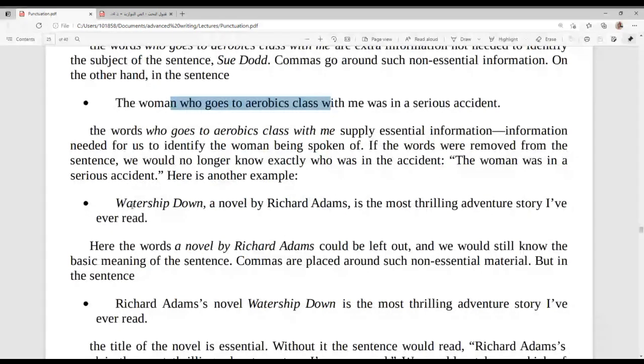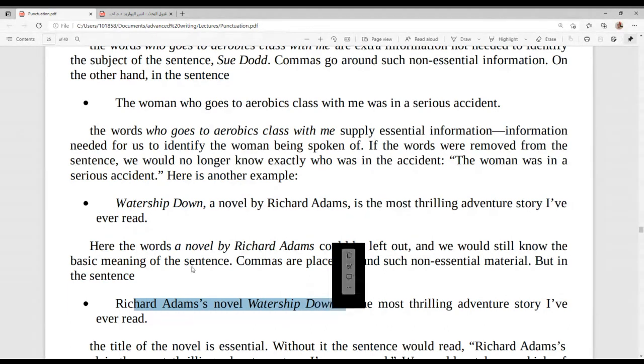Now, if the words were removed from the sentence, we would no longer, again, exactly know who was in the accident. Look here, Watership Down, a novel by Richard Adams, is the most thrilling adventure story I have ever read. A novel by, again, this is extra information about the novel.